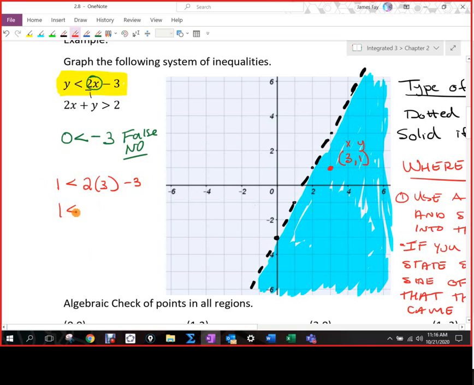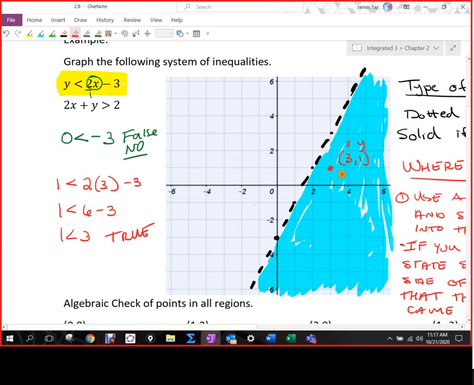So I get 1 is less than 6 minus 3, which is 1 is less than 3, right? Is that true? Does that make sense? That's why we shaded over here, where 3, 1 came from, because it gave a true statement.